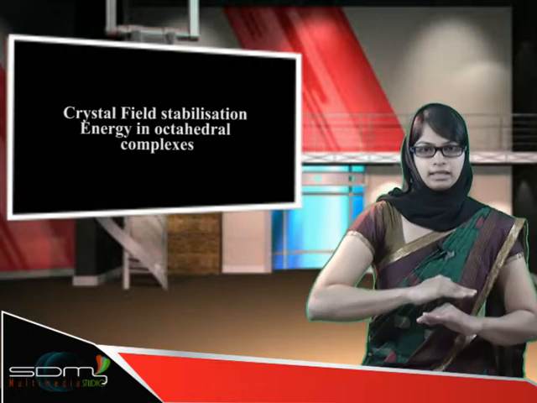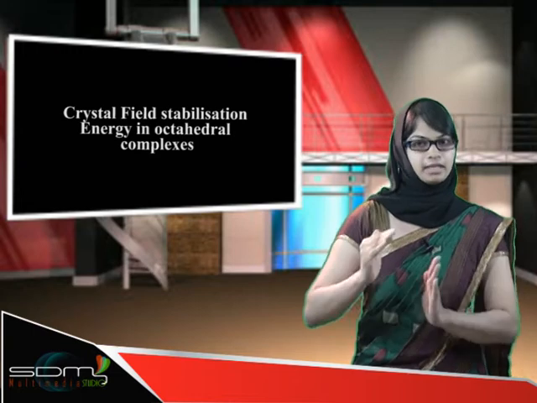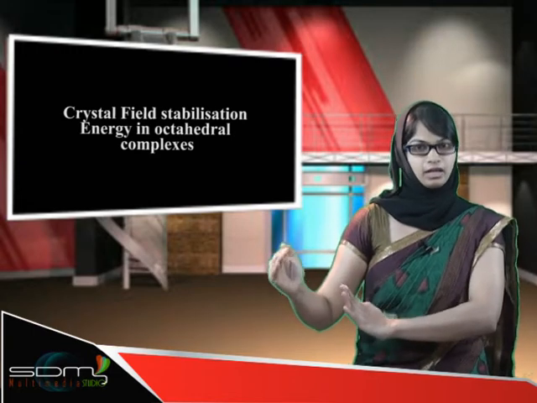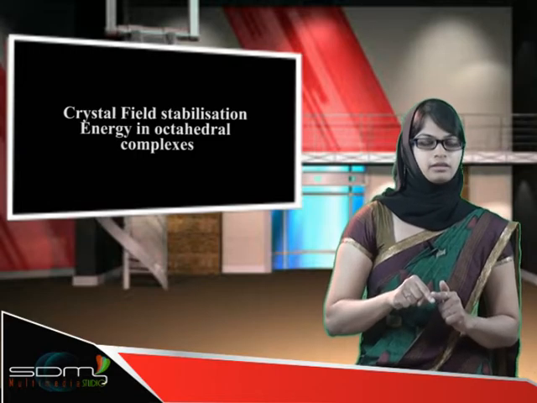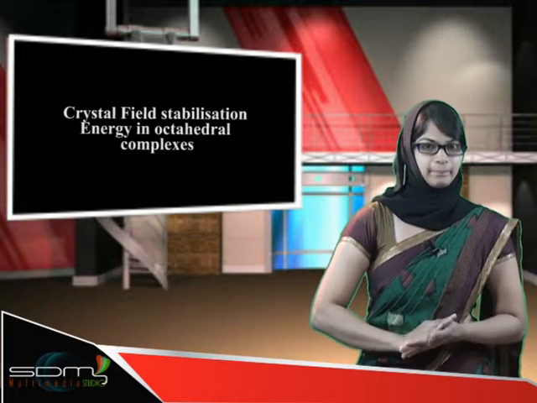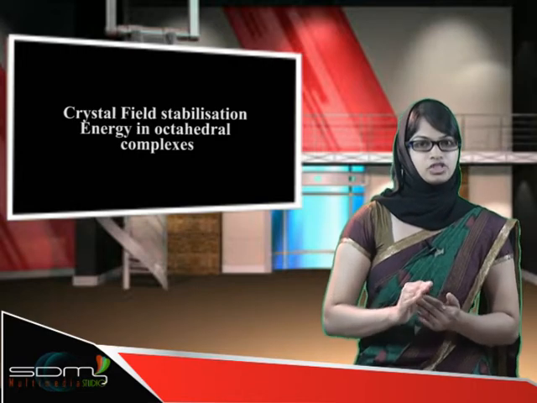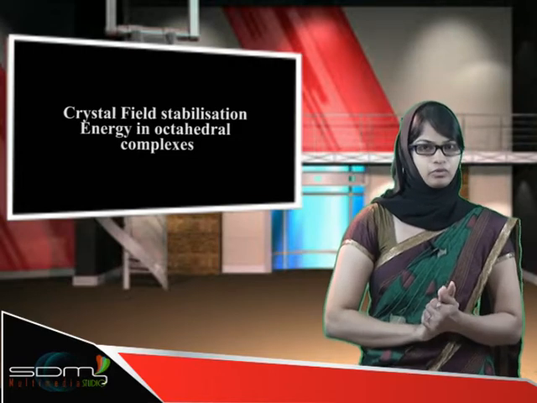Say all three electrons are filled in the three t2g orbitals, dxy, dyz and dzx. Now the fourth electron, if that is again moving to the t2g, then say dxy is paired up. This will happen when the pairing energy is lesser than the crystal field splitting, and therefore it pairs up.